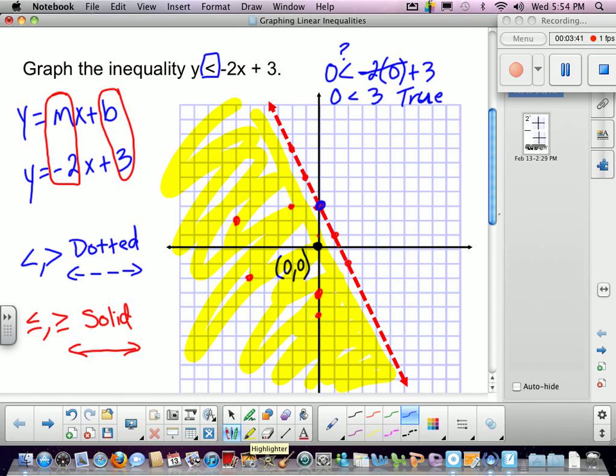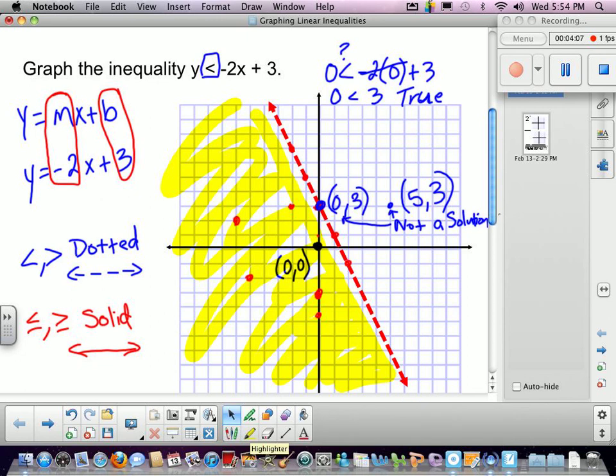So looking at this ordered pair, because it's on a dotted line, the ordered pair (0, 3) is not a solution because it's not equal to. All right, anything that is not in the shaded region, for instance, the ordered pair (5, 3) is not a solution. Okay? All right, so those are not solutions.